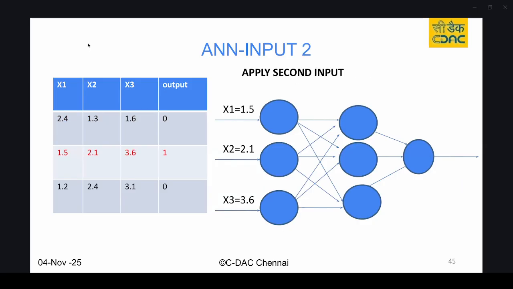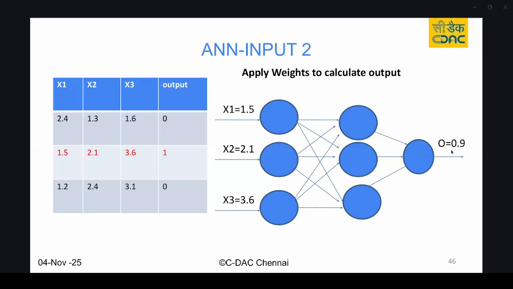After that, I can apply the second row for input 1.5, 2.1, 3.6, and my expected outcome is 1. Each time I apply this input, after all the calculation, I will get an output value 0.9, and my expected outcome was 1.